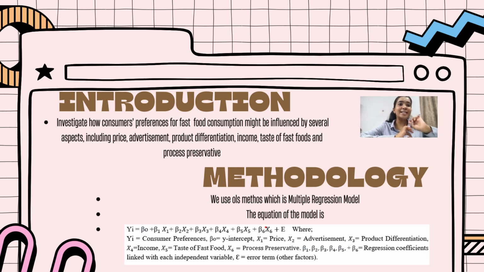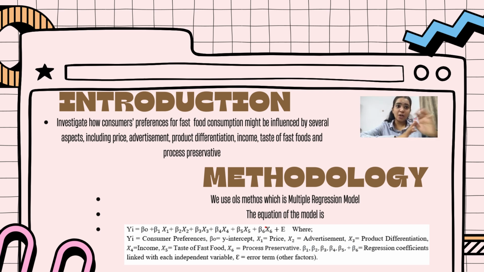We also find some factors that influence fast food consumption by consumers, to increase or decrease their preferences toward fast foods, which are the price factor, advertisement factor, product differentiation factor, income factor, taste factor, and the processed preservative factor. These factors affect most consumer preferences towards fast food consumption.